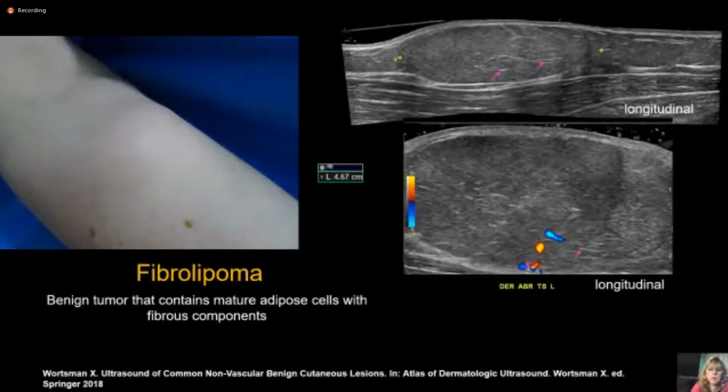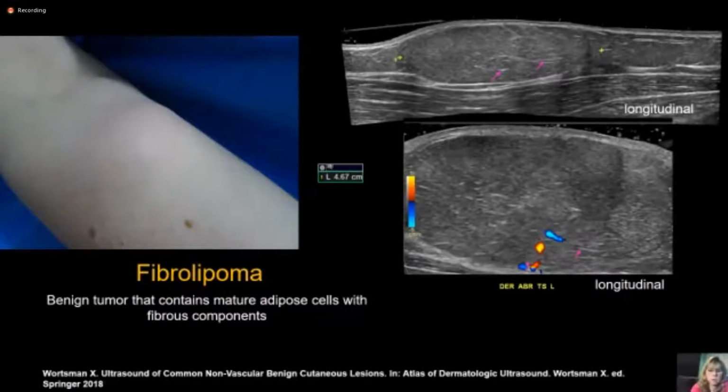On ultrasound, you can see an oval-shaped hypoechoic structure located in the subcutaneous tissue. In between this fatty tissue, you can notice the hyperechoic septa that correspond to the fibrous septa. Also notice that this lesion goes into the same axis of the skin layers.